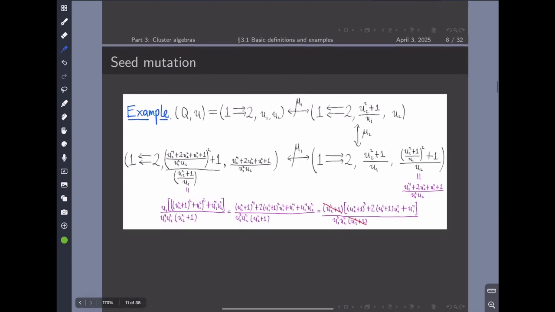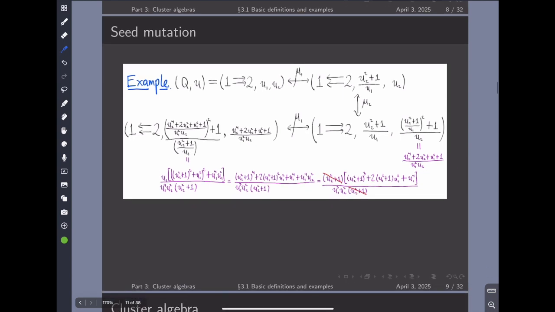Okay, another example. Here you have the so-called Kronecker quiver as your starting point, and now here I have U1, U2. I mutate once. Here everything is just arrow reversal, because here every arrow is either incoming or outgoing for each vertex.